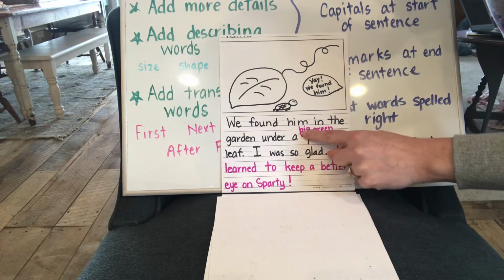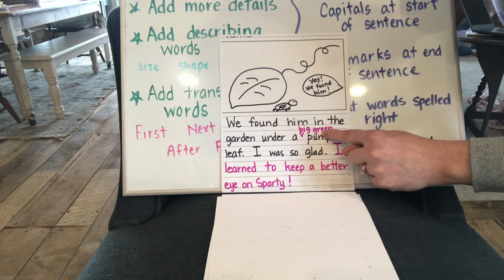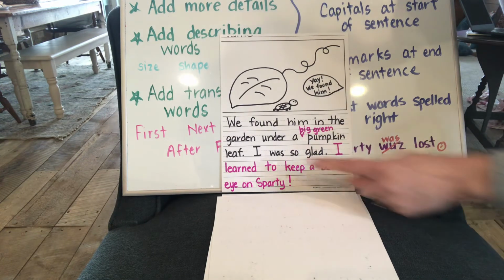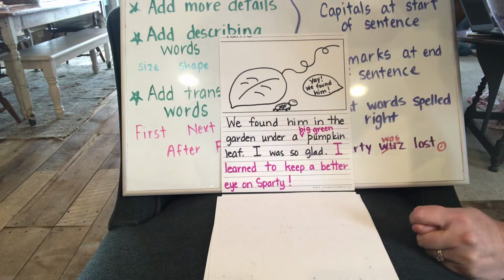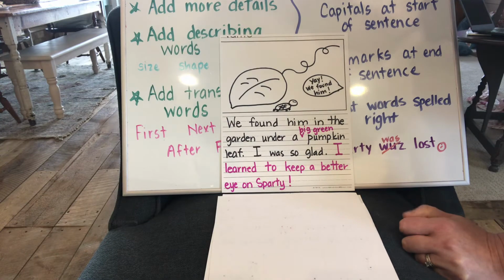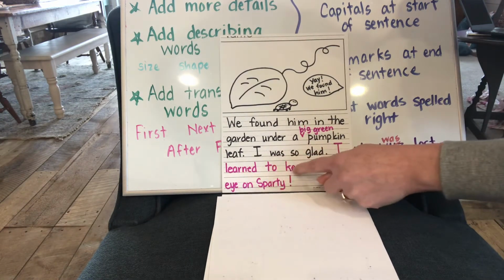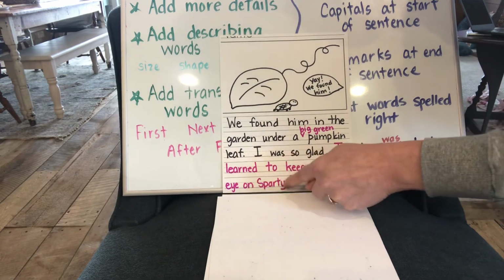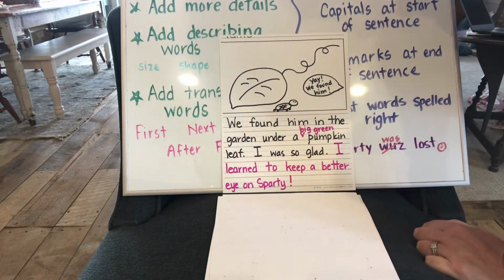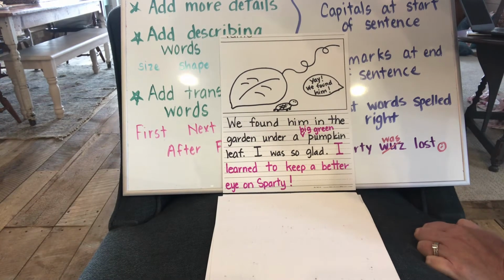Did you see how I added those two describing words there? Big and green to describe that pumpkin leaf. I was so glad. Now, remember, this is about how you made a mistake. So I thought at the end, I better say what I learned from this mistake. I learned to keep a better eye on Sparty. So at the end of your story, make sure you tell us what you learned from that mistake.